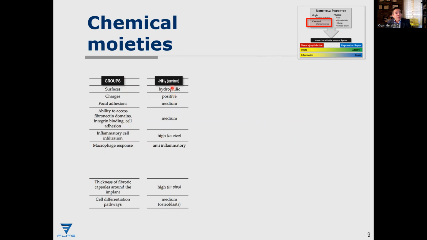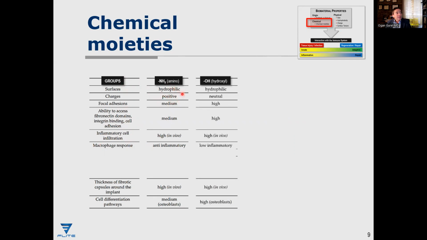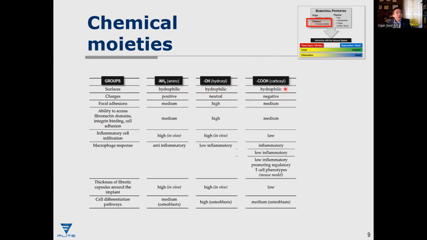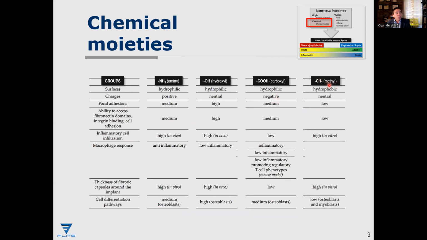So we start with amino groups, which are generally positively charged and hydrophilic, hydroxyl groups, which are also hydrophilic and neutral, carboxyl groups, which are hydrophilic and negative, and methyl groups, which are hydrophobic and neutral. And these are typical chemical moieties that might be added to a surface, to a polymer, to influence these properties.